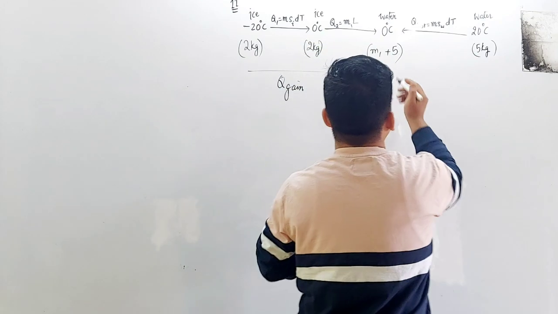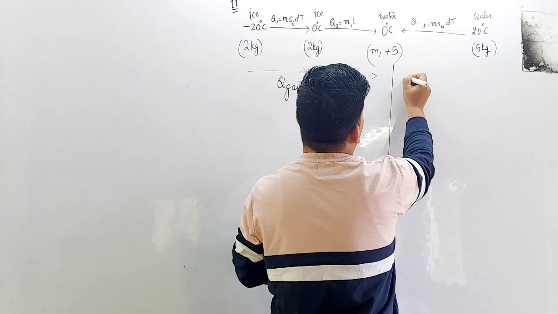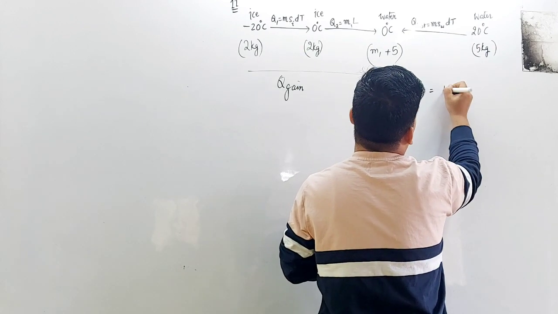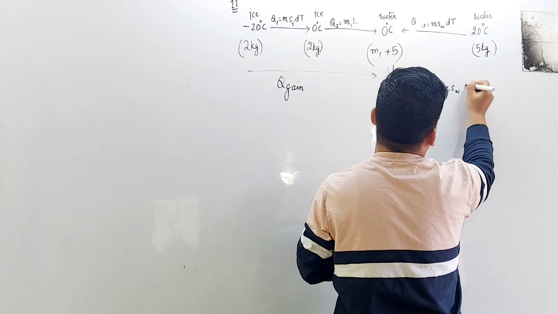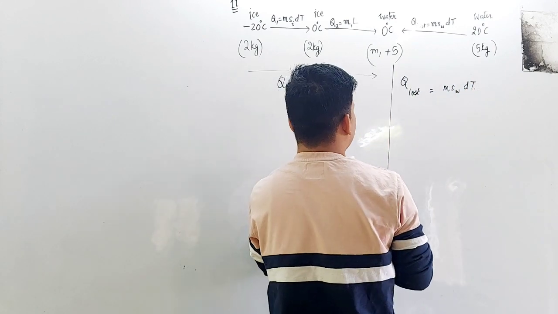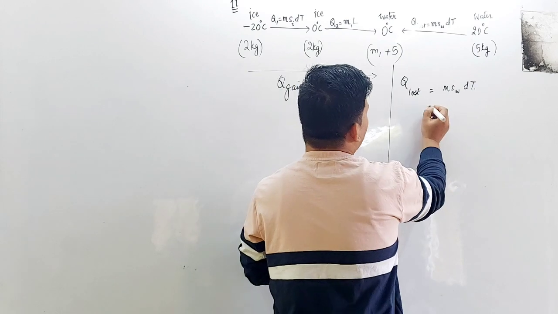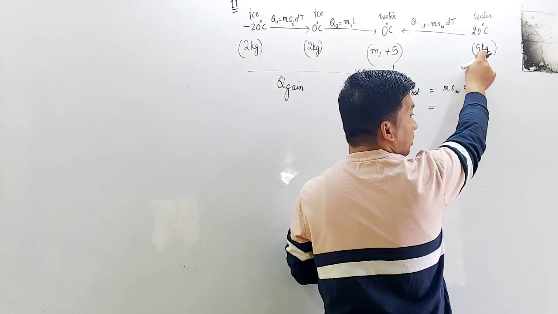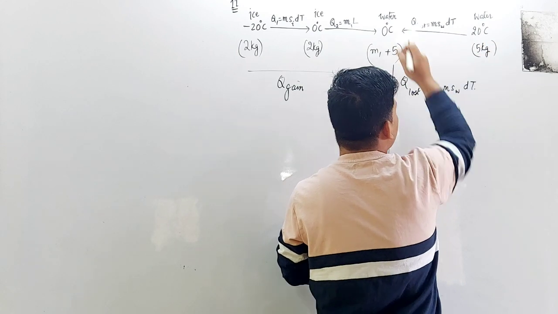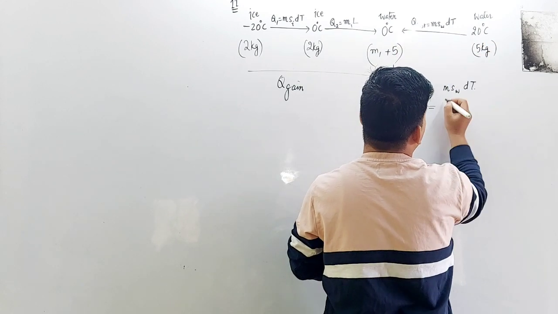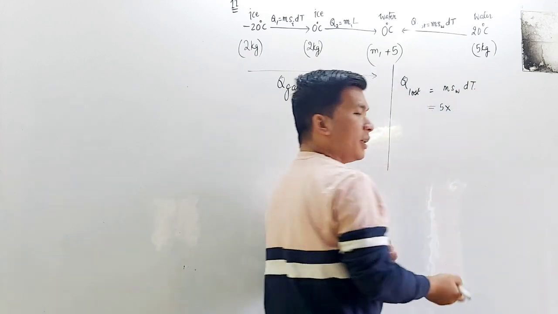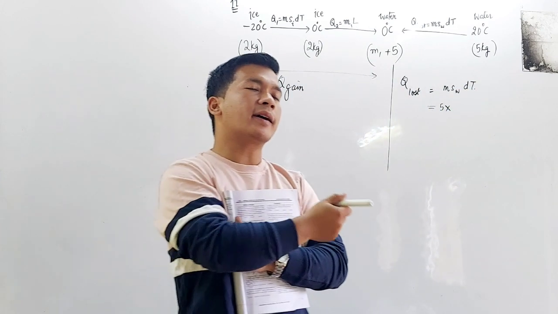So heat loss is equal to m s delta T. The mass of the water to be cooled from 20 degrees to 0 degree is 5, multiplied by the specific heat in terms of standard unit.